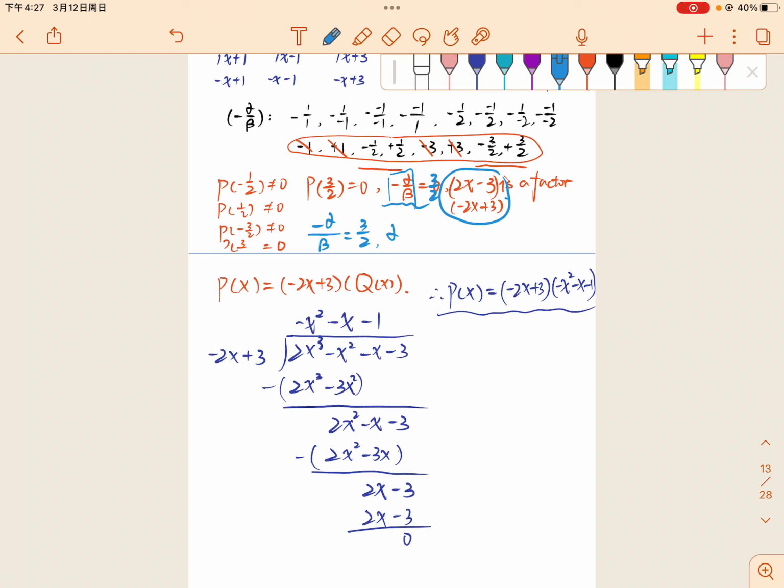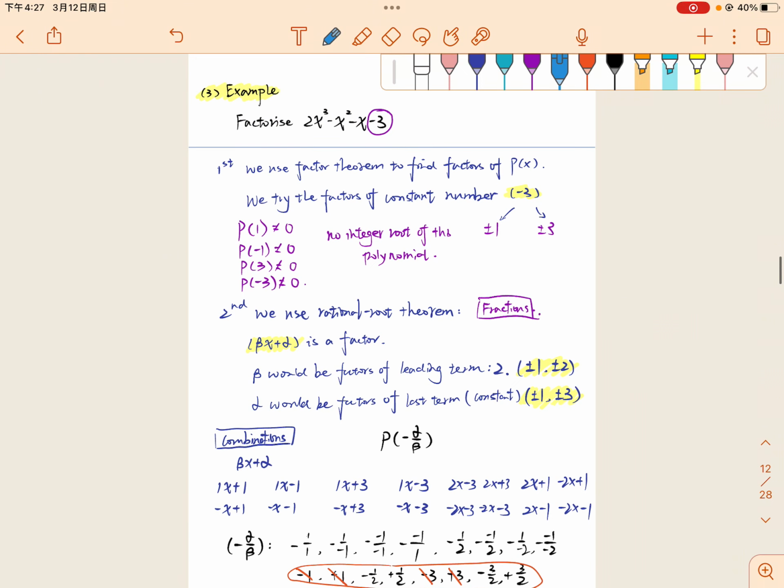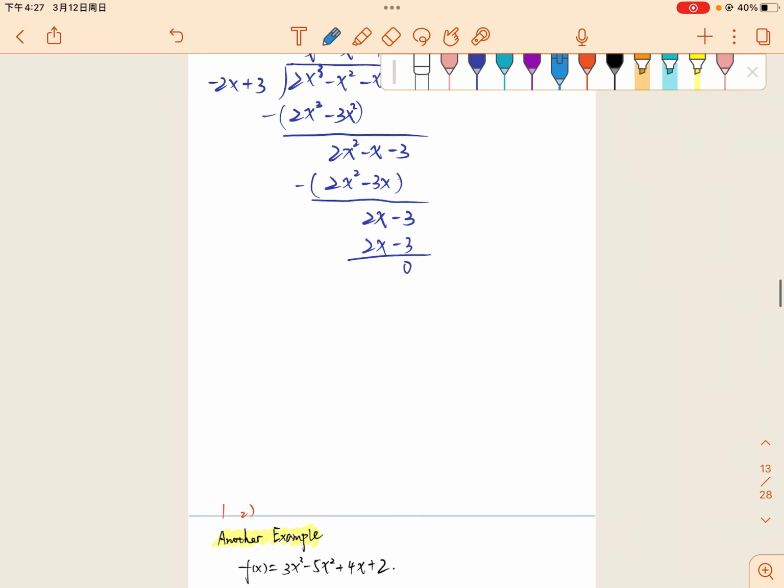You can say alpha equal to 3, beta is negative 1. Or you can say alpha equal to negative 1, beta is positive 1. So it's your choice. It's fine both ways. Okay, so that's the example for factorizing 2x cubed minus x squared minus x minus 3.